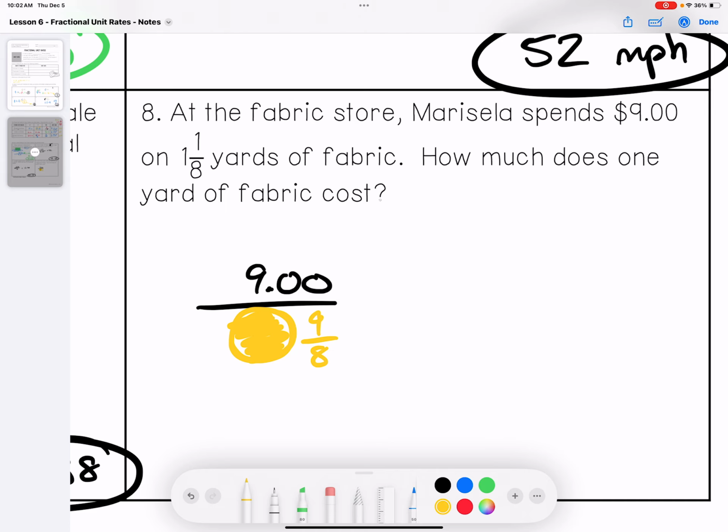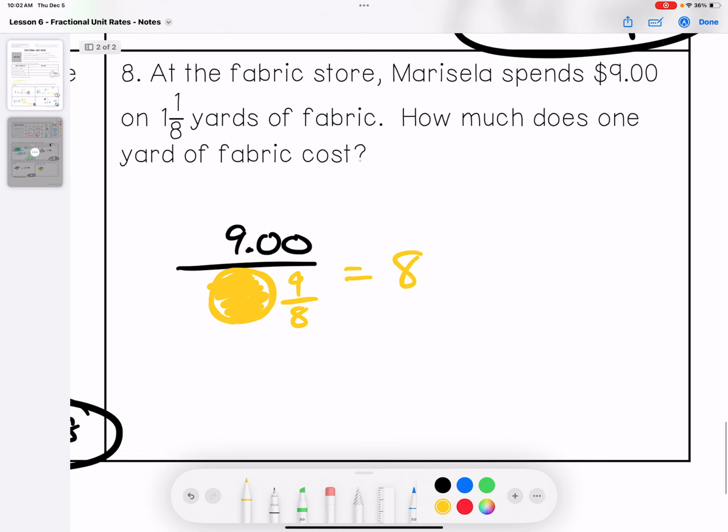And you are going to get 8. Now, we're talking about money, so it is $8 per yard.